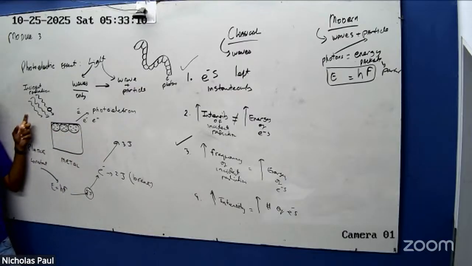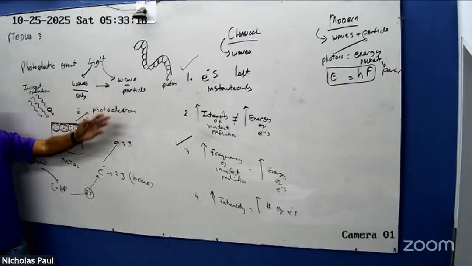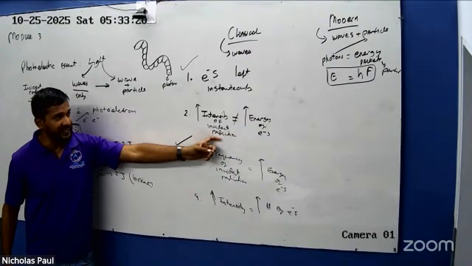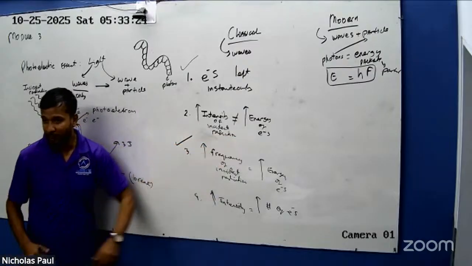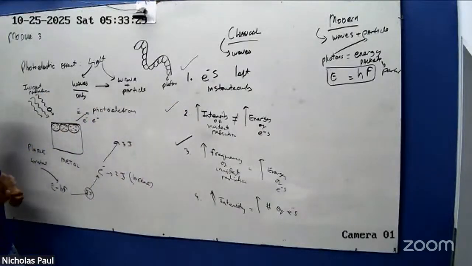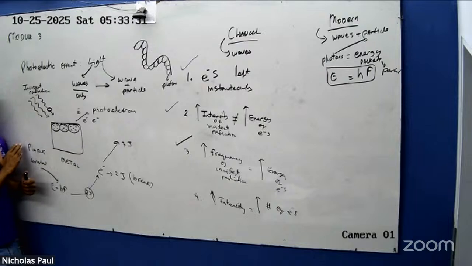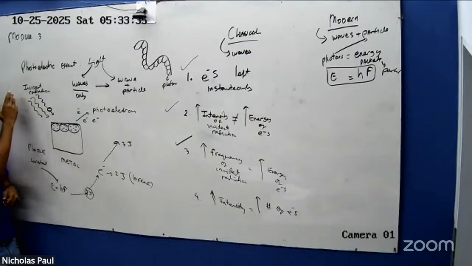No. It doesn't matter if I bring 100 of them with 1 joule of energy, will electrons leave? So by increasing the intensity, I can't increase the energy. That makes sense? But let's say it was 3 joules and I only need 2. If I give you more, more electrons will leave.